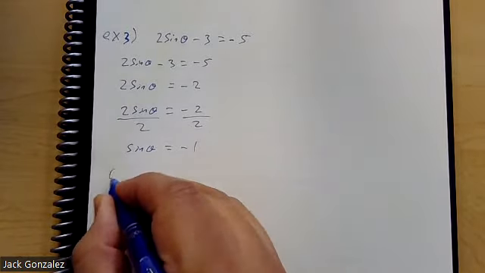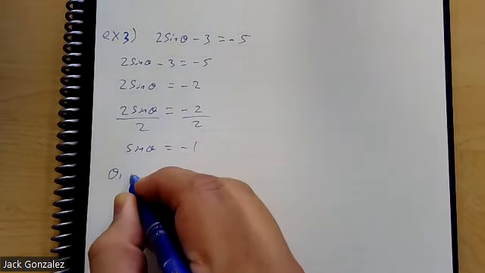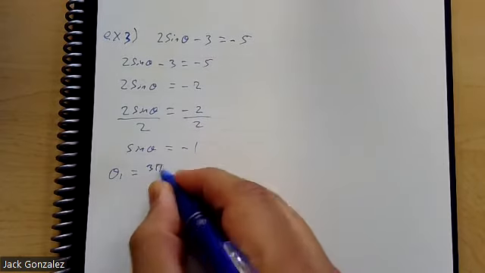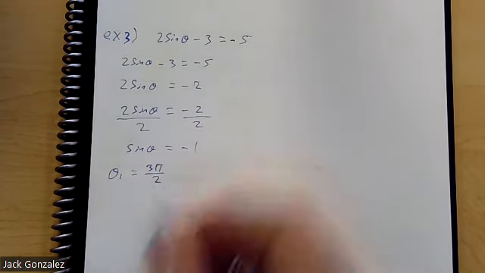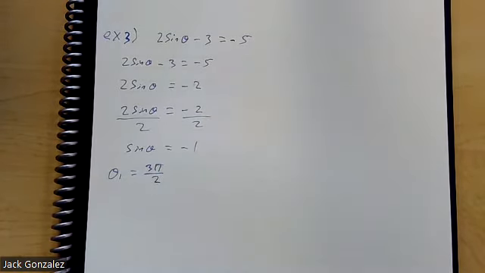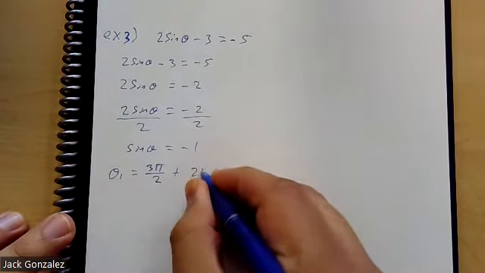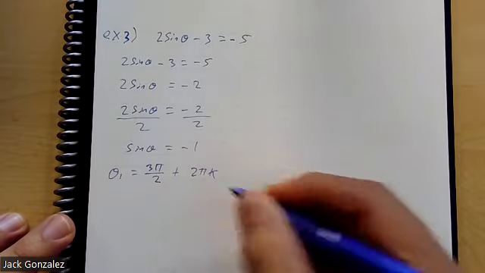Yeah, 270 or 3 pi over 2, right? There's no other one, is there? That's gonna be it for this one. So just add the infinite part. 2 pi k instead of 360k.